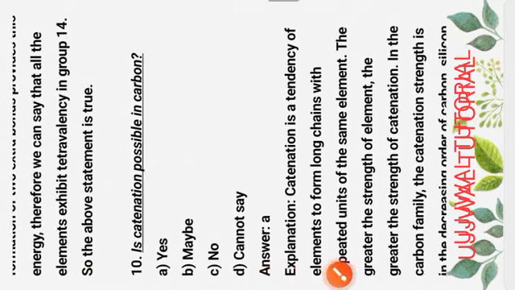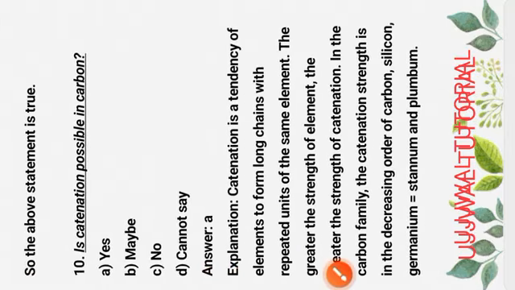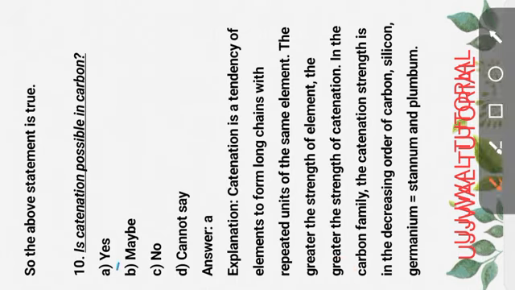Next question, question number 10: is catenation possible in carbon? Yes, always. To explain, catenation is the tendency of elements to form long chains with repeated units of the same element.